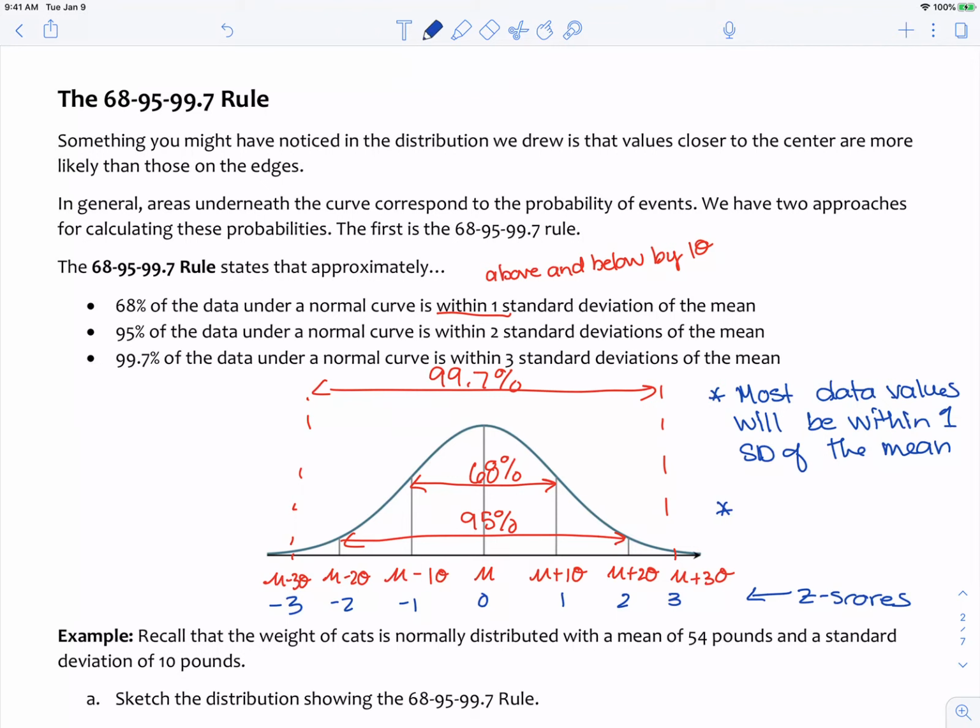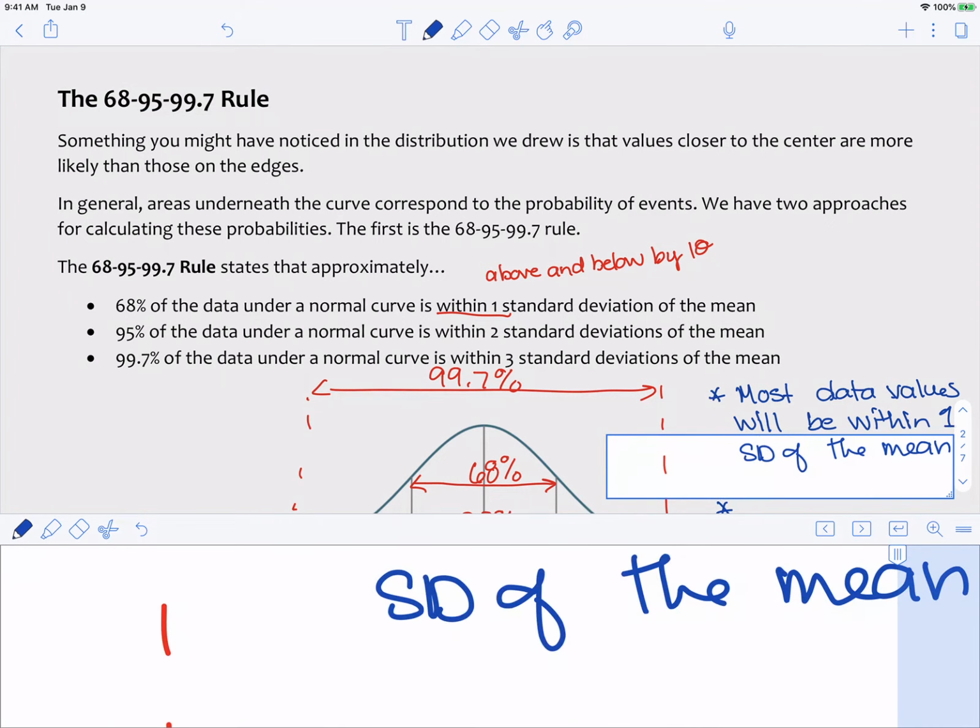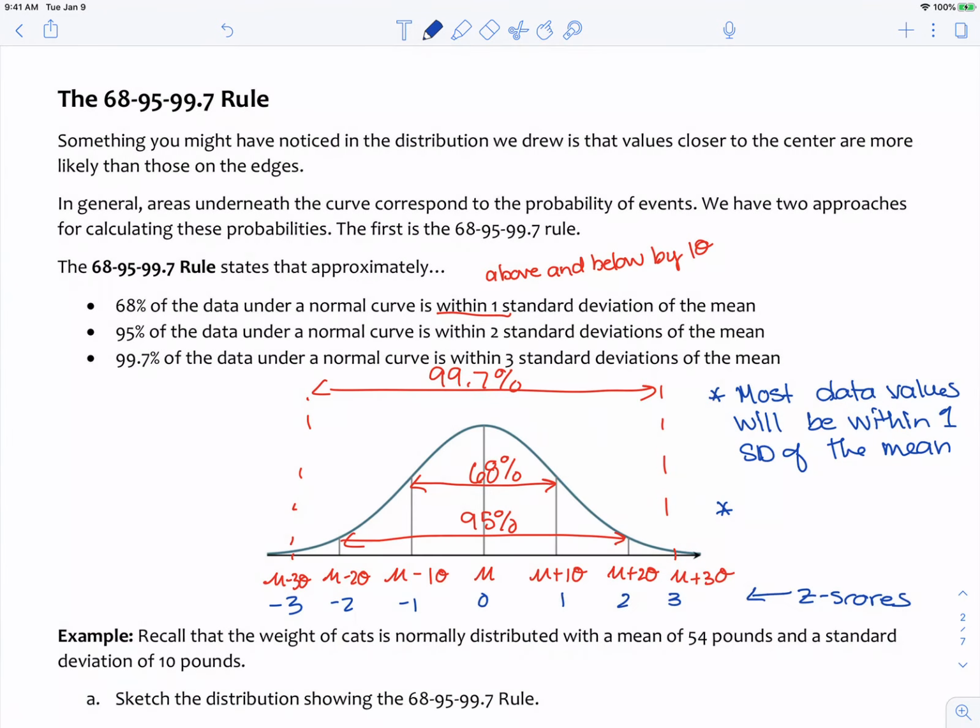So when we're talking about unusualness, we're also looking at this picture. 95% of our data is going to lie within 2 standard deviations of the mean. So it's unusual if you're more than 2 standard deviations from the mean. There's only a 5% chance that your data will lie outside of that, at least in the normal model scenario.